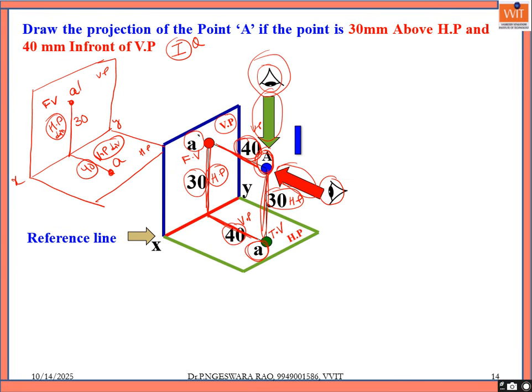Now we got the images in the front view as well as the top view. But if you see in this picture, the front view is lying on the vertical plane, whereas the top image is lying on the horizontal plane, and both planes are at 90 degrees angle.